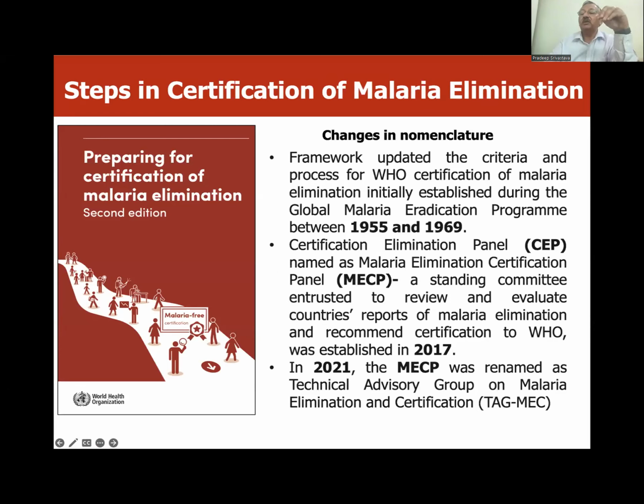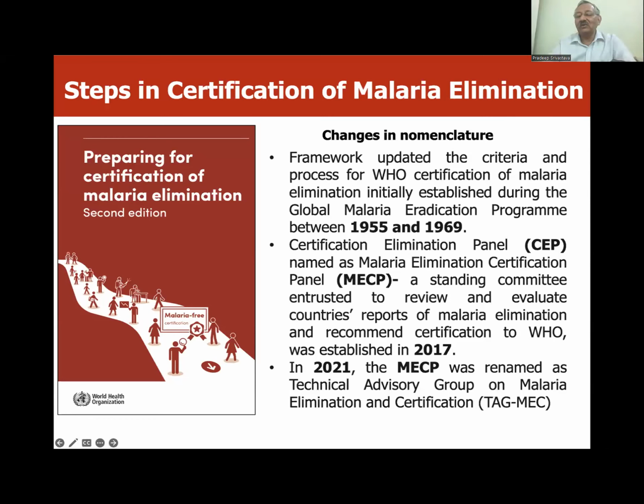To make it more simple, in the eradication phase we were using 4 terminologies: attack phase, that is pre-elimination phase, then consolidation phase, maintenance phase. So that is all category 1, 3, 2, 1, and then coming to zero maintenance phase.